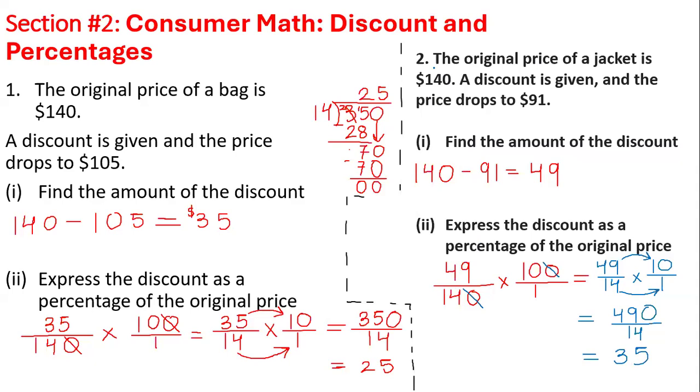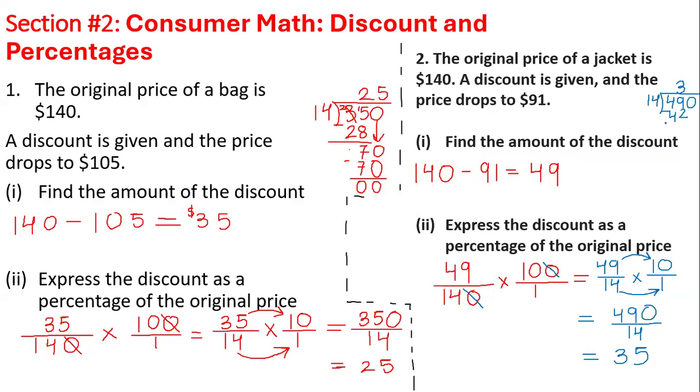So the answer is 35%. And if I were to show how we divided it, 14 into 490. How many times does 14 go into 49? It goes in 3 times. 14 times 3 is 42.